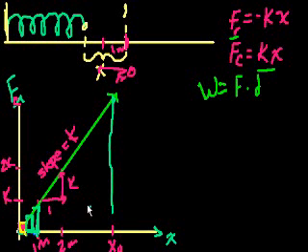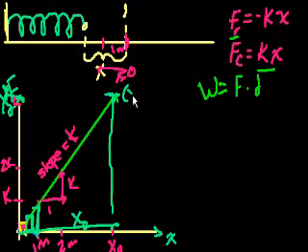And what's that area? Well, this is a triangle, so we just need to know the base and the height, and multiply it times 1/2, right? That's just the area of a triangle. So what's the base? This is just x naught. What's the height? Well, we know the slope is k, so this height is going to be x naught times k. So this point right here is the point x naught, and then x naught times k.